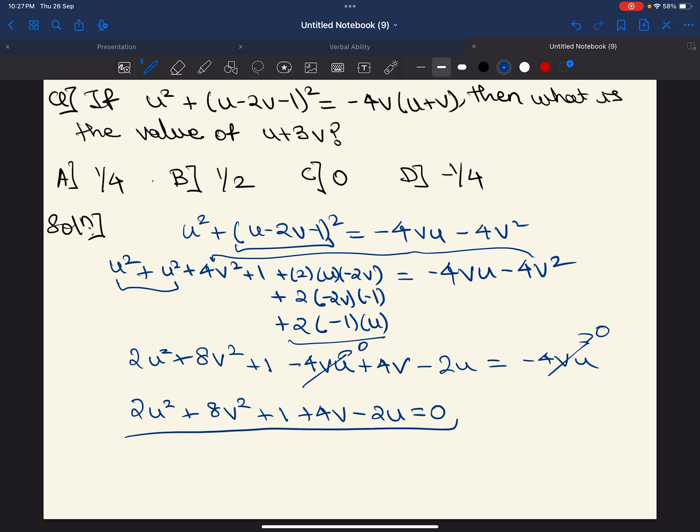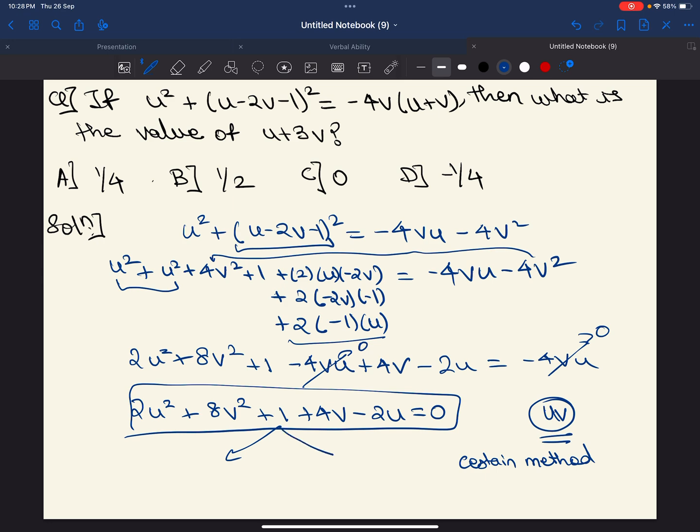Now when you look at this equation, you can clearly see there is no term of uv in it, right? When there is no term of uv in it, then there is a certain method which is basically converting this one equation into two quadratic equations in u and v.